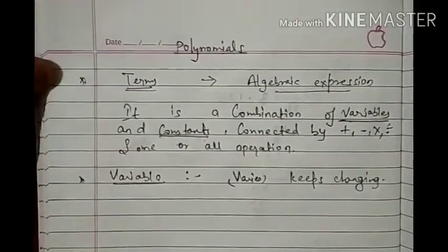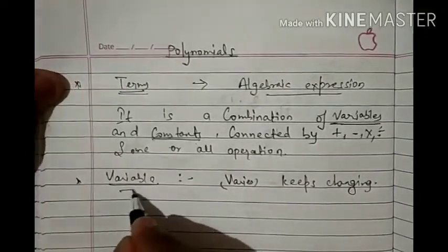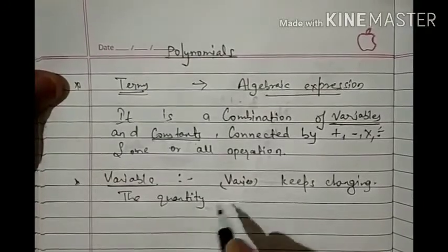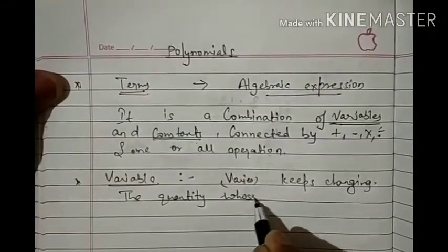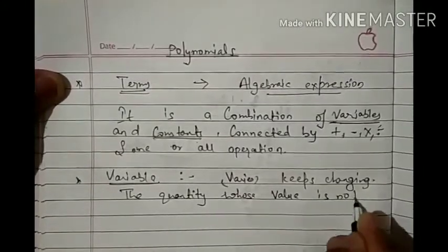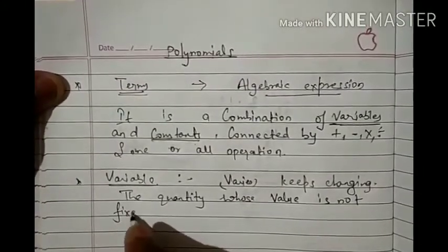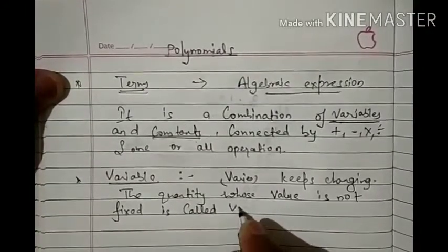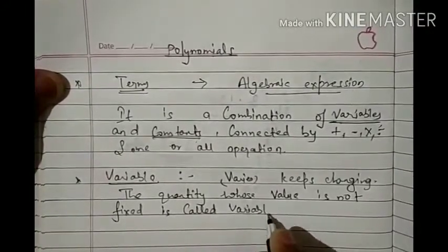The quantity whose value is not fixed is called variable.